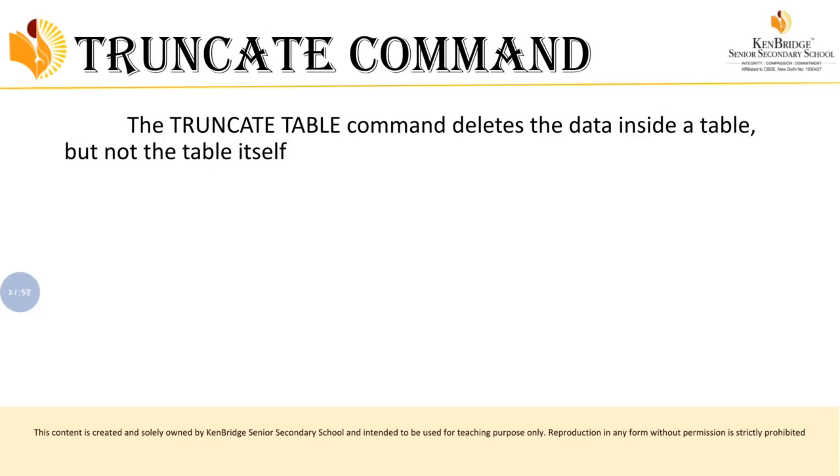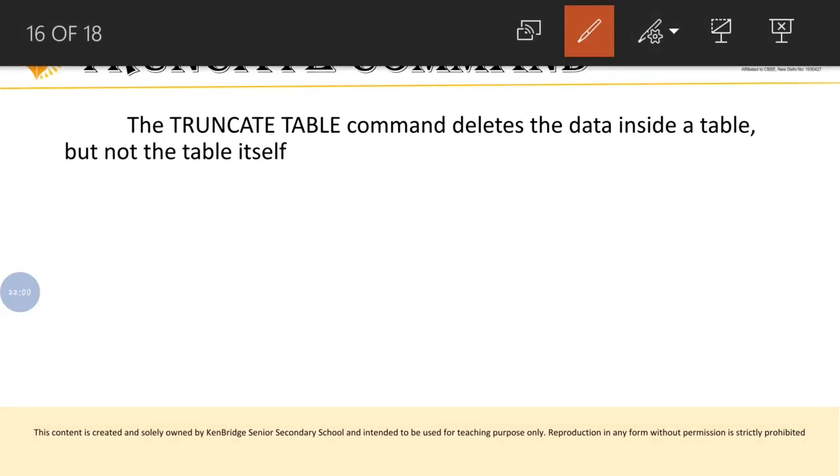If you use the truncate command to delete something, it cannot be rolled back again. You cannot undo or redo that operation. You cannot get it back again. So that is the difference between delete and truncate.